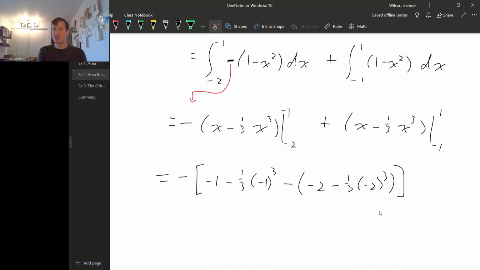Okay, so that's the first integral. Plus, and then for the second integral, way up here on the right, we need to plug in 1. So 1 minus 1/3 times 1 cubed, minus, and then plug in -1. So -1 minus 1/3 times -1 cubed.